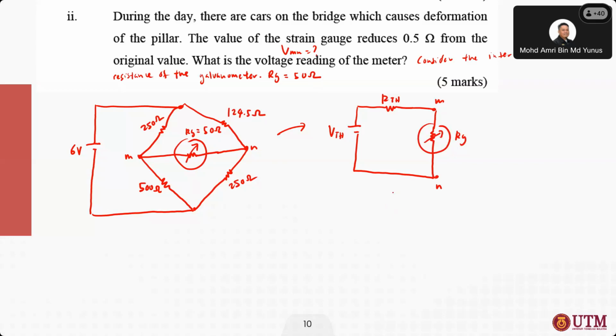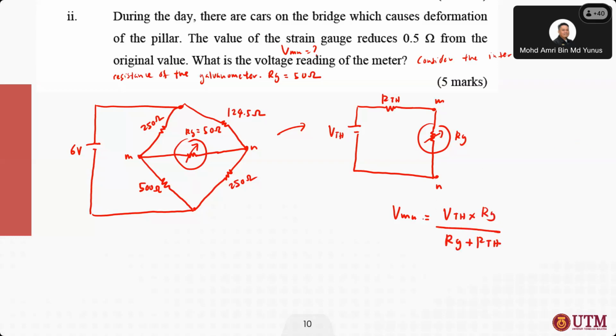Then after that, we can estimate VL. So VMN is going to be equivalent to VTH multiplied by Rg over Rg plus RTH.